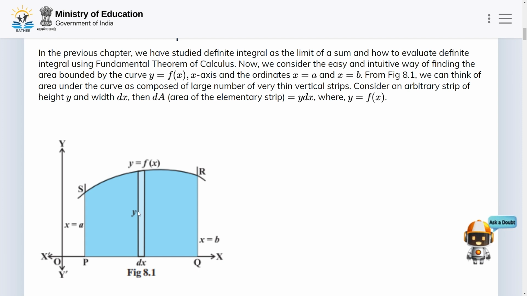It is a rectangle, and the rectangle's area is length into breadth, that is, y into dx. So dA will be y dx, where y equals f(x). So the area of a single vertical strip is y dx. Now you have to add them.